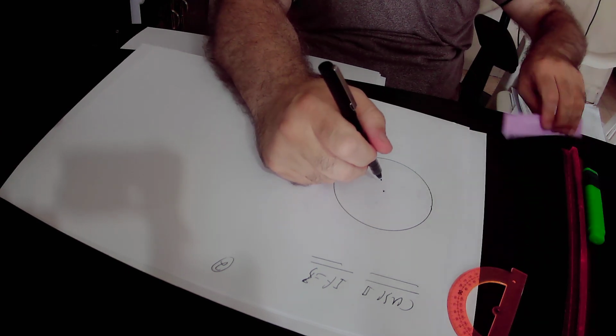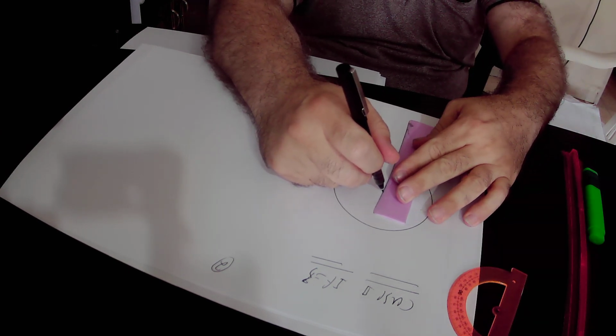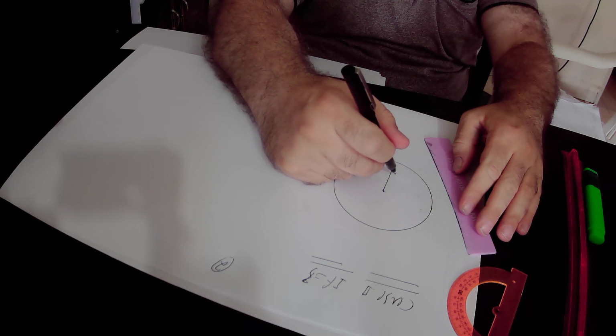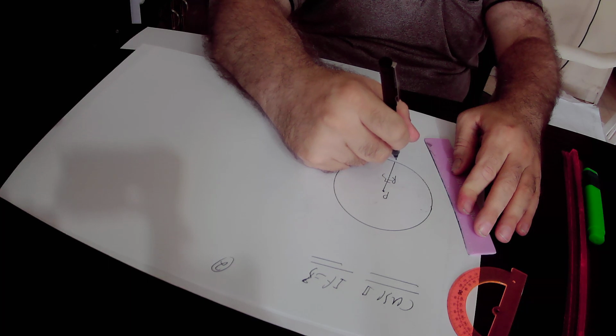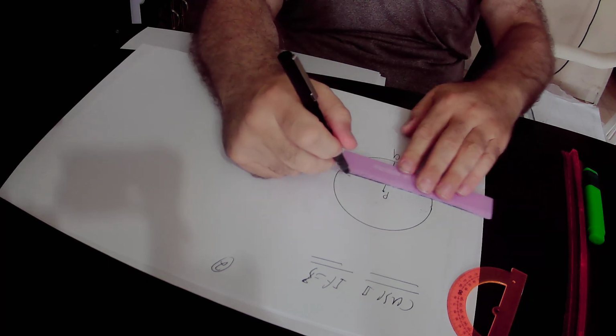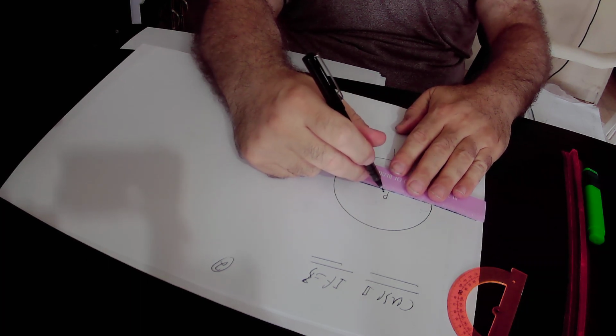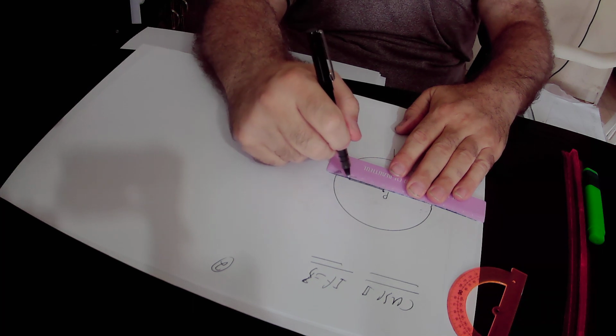The radius of this circle is equal to 3 units. R equals 3. And the side length of the square is also equal to 3 units.